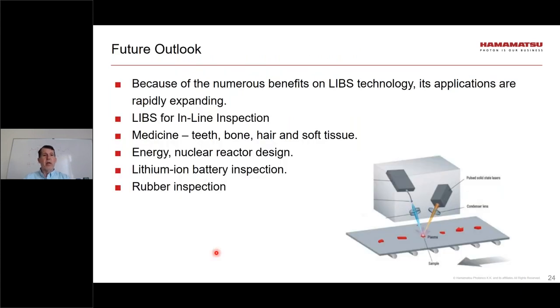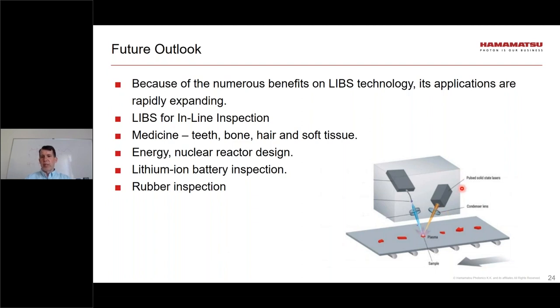And finally, a future outlook and some of the things that I think you're going to hear in other talks throughout the morning session here. One of the applications that seems to be growing in popularity is inline inspection.